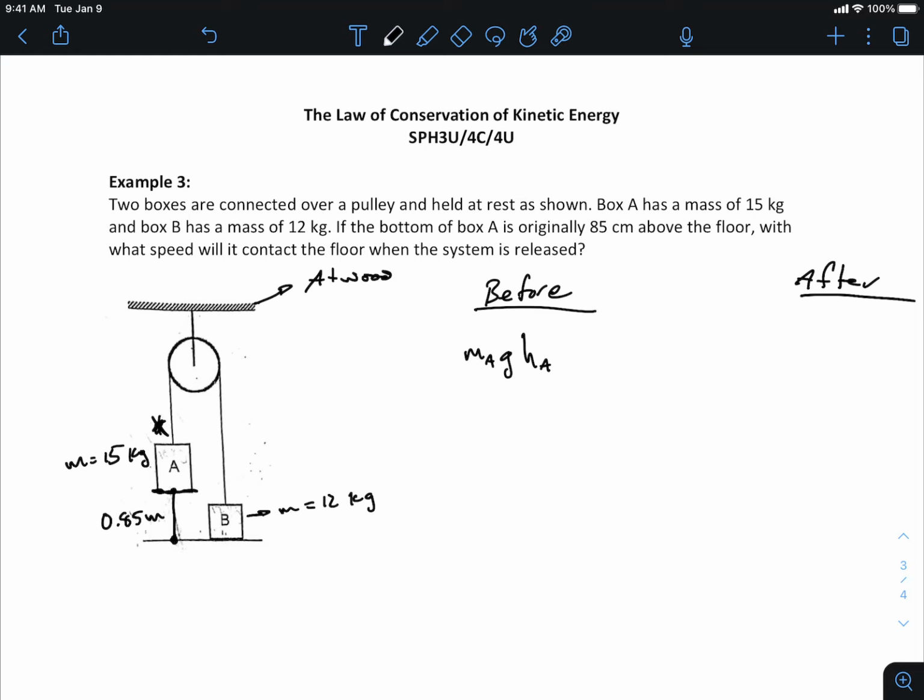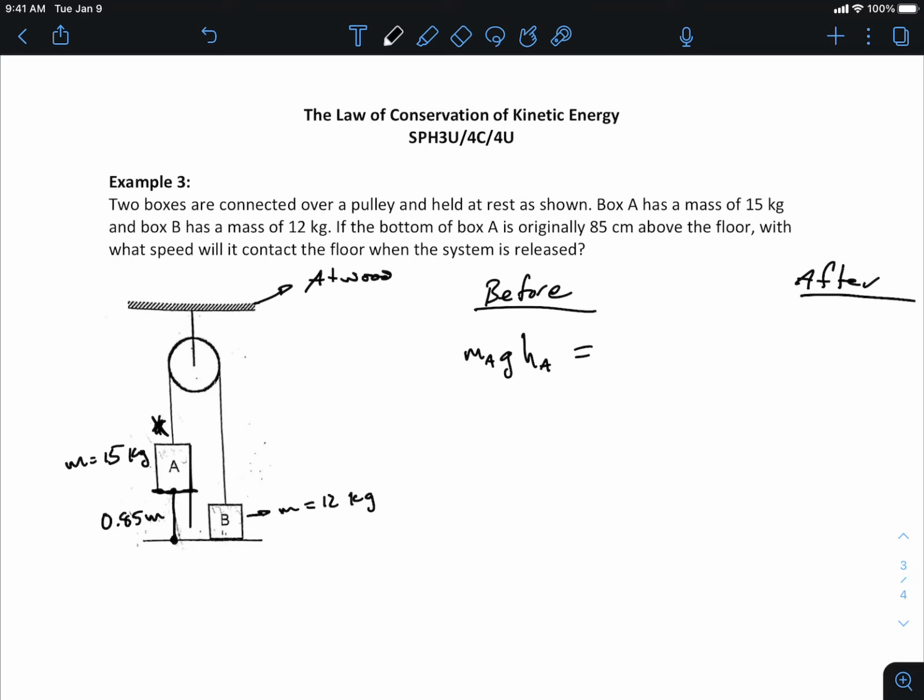Everything's potential. Afterwards, everything's going to move, this entire system. And so we're going to incorporate that movement into the after statement. So basically what's going to happen is we're going to release this.